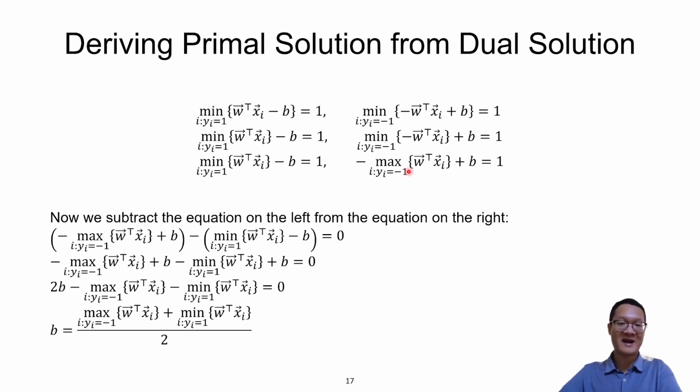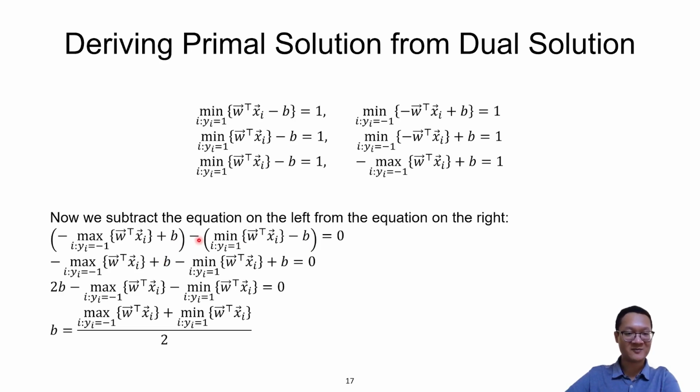So the negative max of W transpose Xi plus b equals 1. We take this equation, subtract this equation, and we get 0 on the right-hand side, 1 minus 1. And then in here, we just have negative max of W transpose Xi plus b minus min of W transpose Xi minus b.